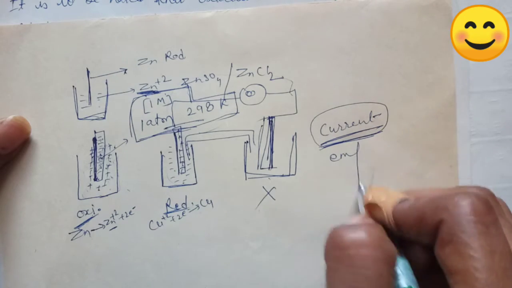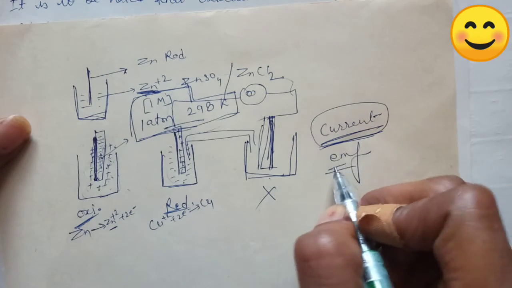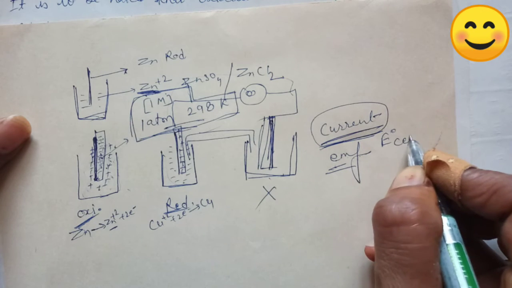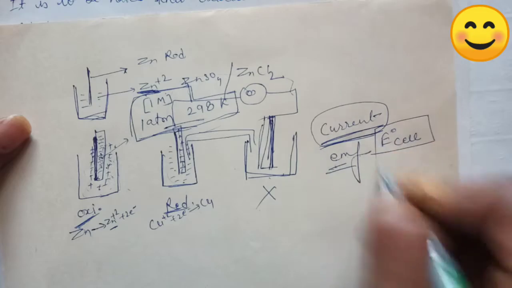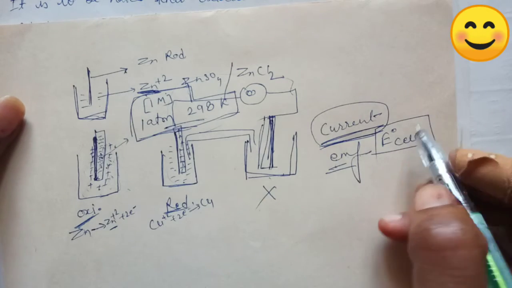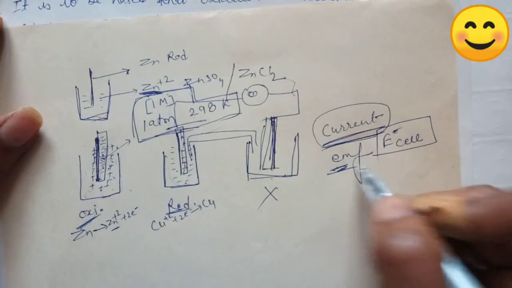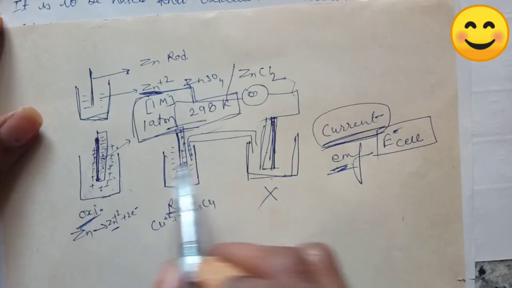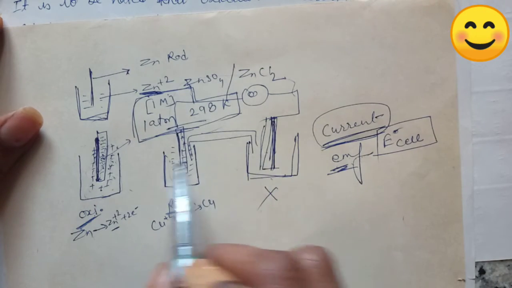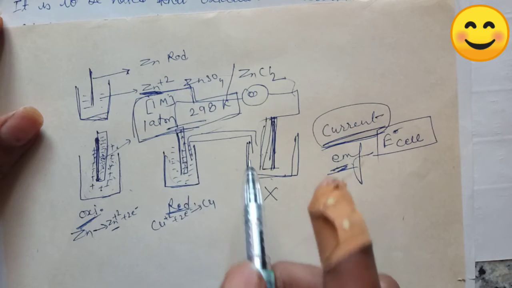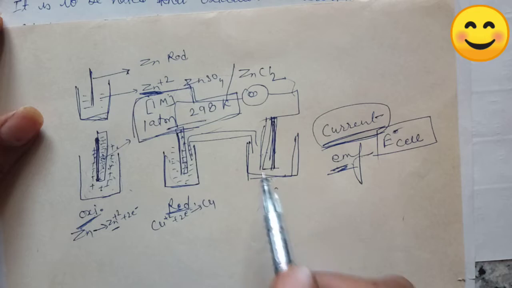Because of EMF, the electromotive force, denoted by E cell. Not in standard condition, not in normal condition. What is EMF? EMF is actually the potential difference between the anode and cathode at open condition, that is, open circuit.